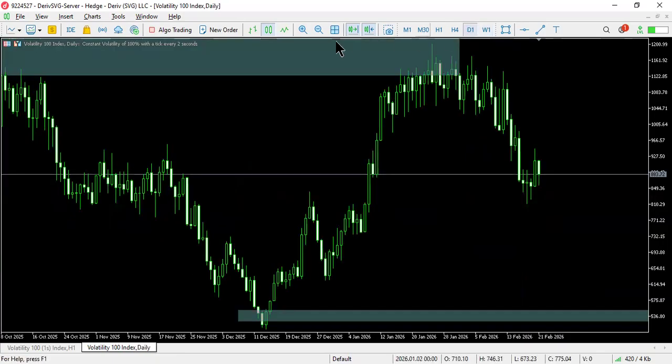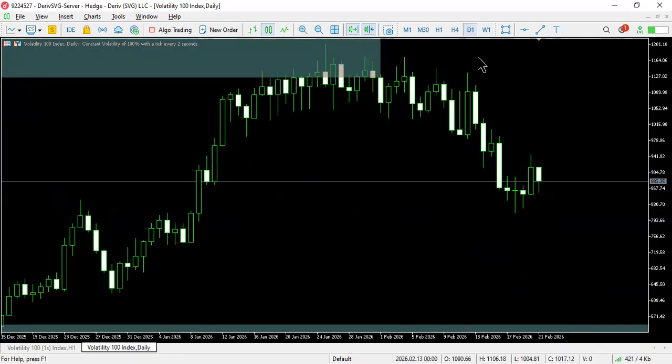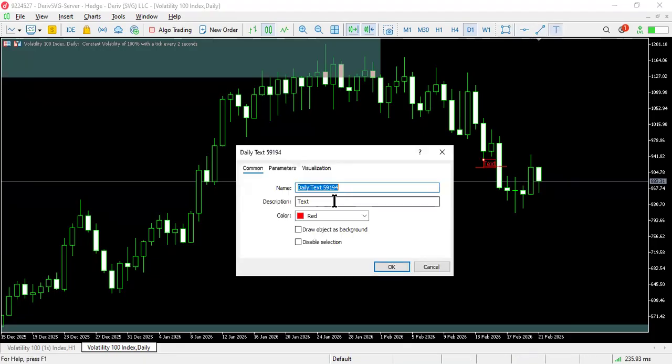We go over to the daily time frame. We can see that we're having a healthy downtrend where price is forming lower lows and lower highs. And that was the last break of structure to the downside.